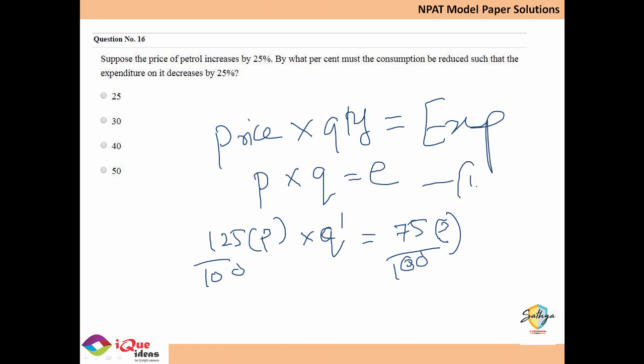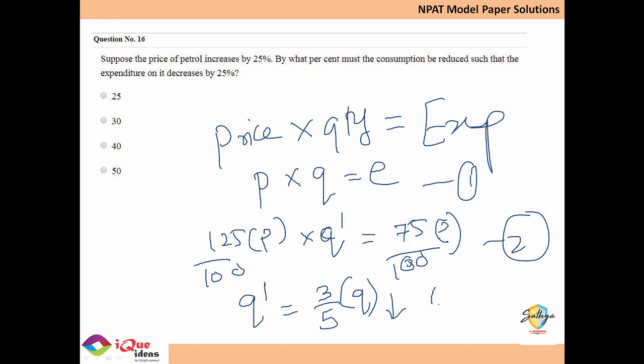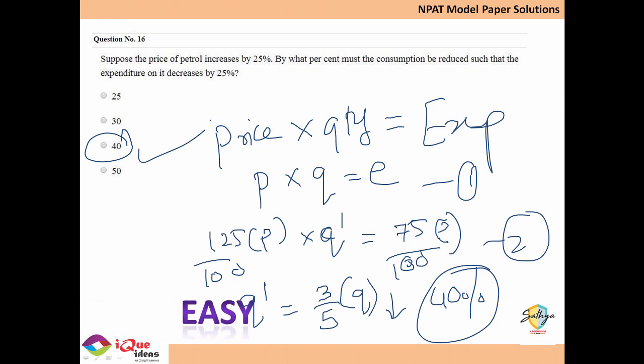So I have got two equations here, right? So if you solve these equations, you will get that the quantity new should be equal to 3/5 of the original. That means it has to come down by 2/5, and 2/5 is nothing but 40%. So 40% is the reduction of consumption that is necessary. Okay, relatively very easy problem.